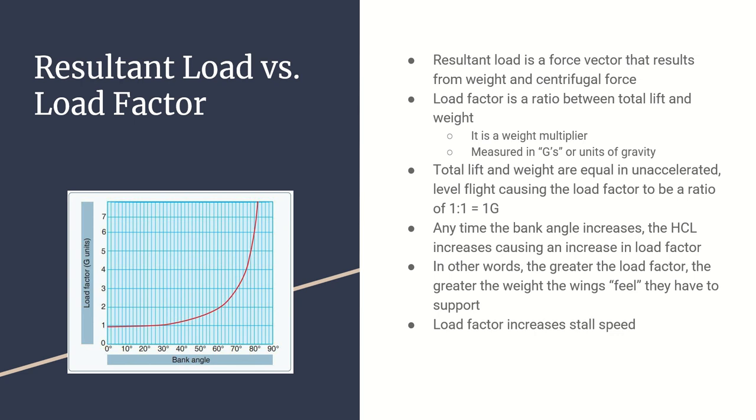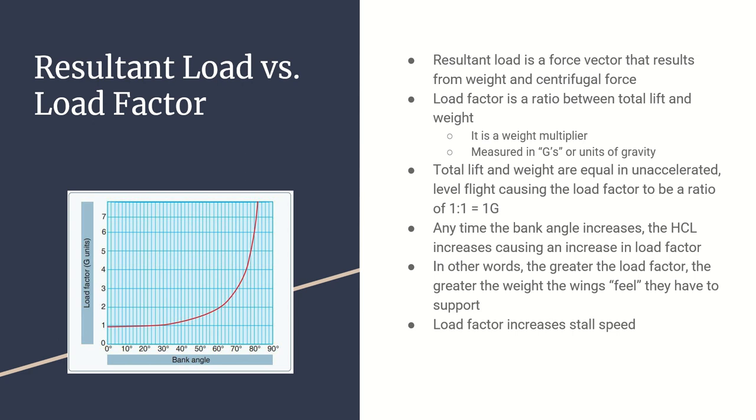So if our aircraft really weighs, let's say, 2,000 pounds on a scale, and we have a load factor of 1, it really does feel to the wings and the rest of the airplane like it is just 2,000 pounds.